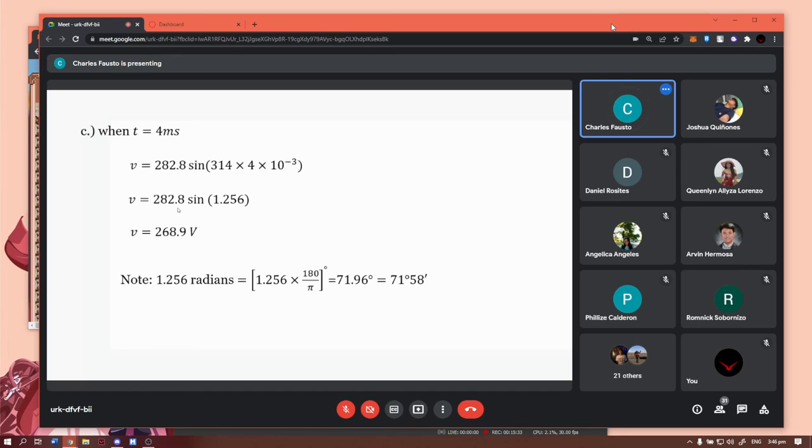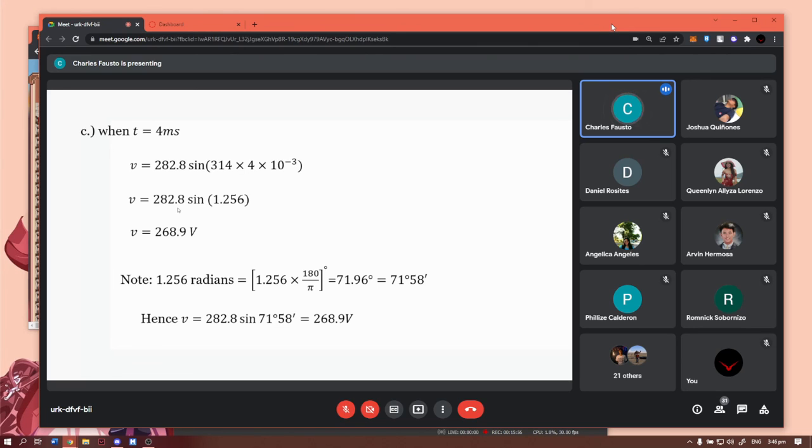Ayan. So, note, 1.256 radians is equivalent to 1.256 multiplied by 180 degrees over pi. So, equal siya sa 71.96 or 71 degrees and 58 minutes.